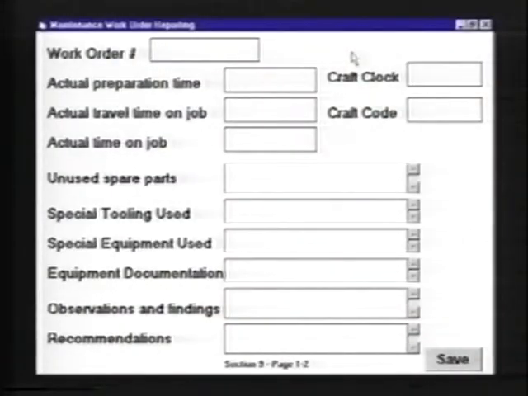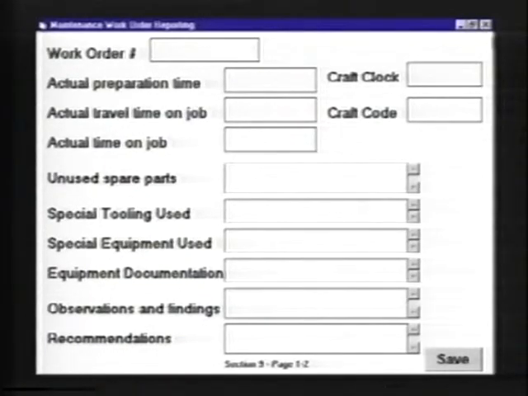The exhibit that you are looking at right now is the data elements that we reviewed in the notebook in section 9, pages 1 and 2, which has to do with maintenance work order reporting. Now, what we are looking at on this particular screen format are some of the summarized data elements that were reviewed with you on pages 1 and 2.